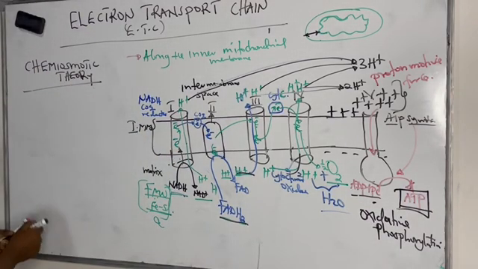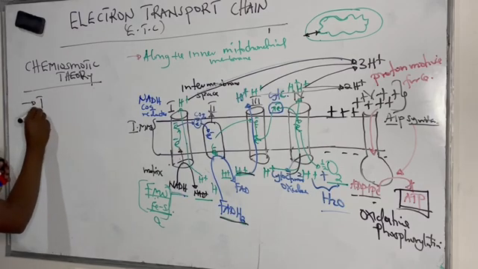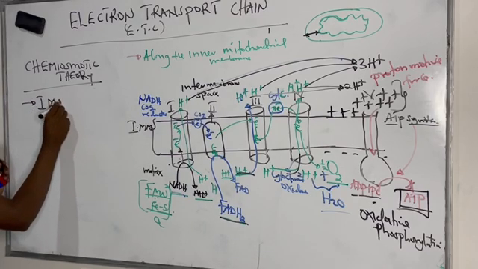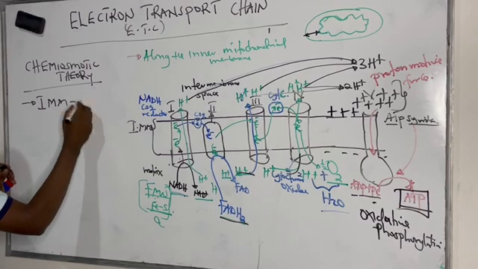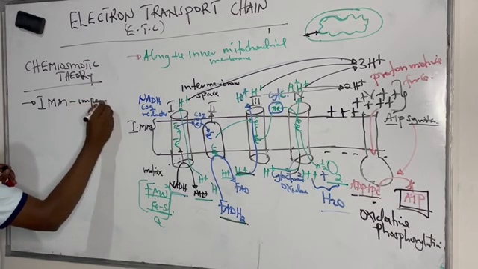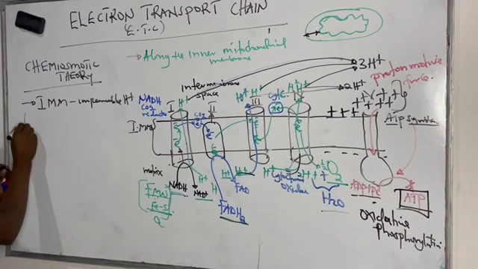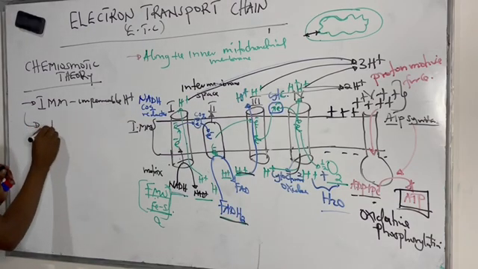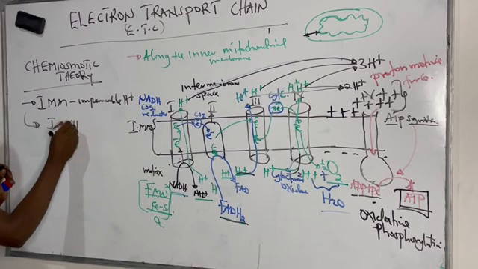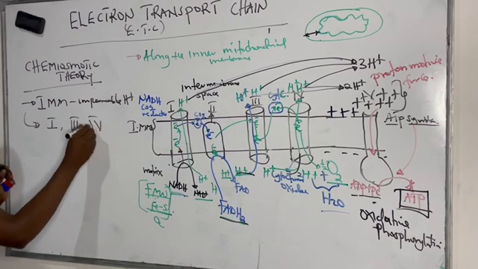We are saying that the inner mitochondrial membrane is impermeable to protons, but only permeable via complex 1, complex 3, and complex 4.